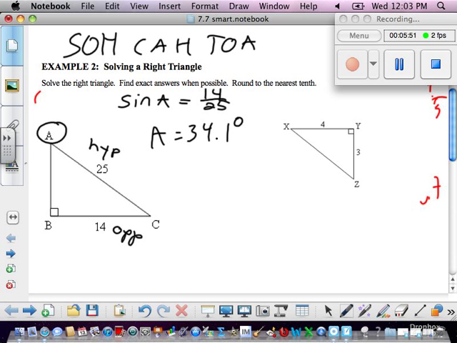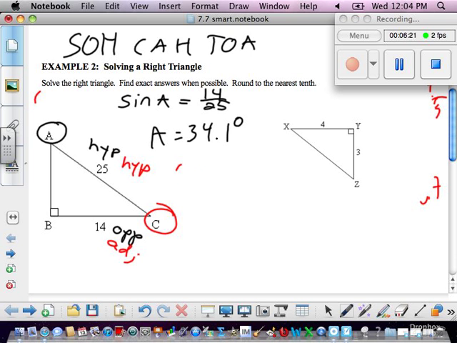All right, now we've only found A. We've got to find C. So I'm going back to C. If somebody wants to raise their hand and tell me what 14 and 25 are to C, I'd appreciate it. Anybody want to try? Tracy? Adjacent, and this stays hypotenuse. Can somebody raise their hand and tell me, do I use sine, cosine, or tangent to find out what C is? Michael, you want to try? Cosine, because it's adjacent and hypotenuse.